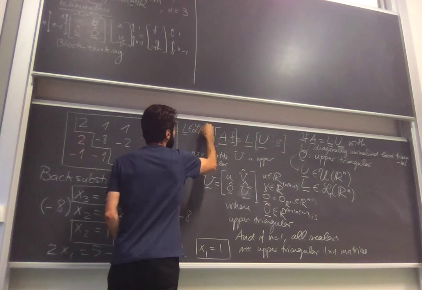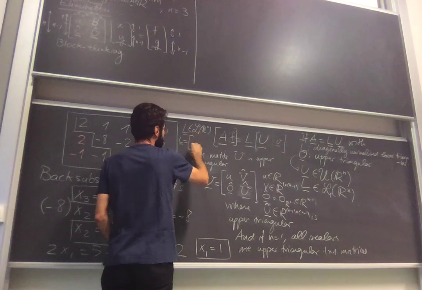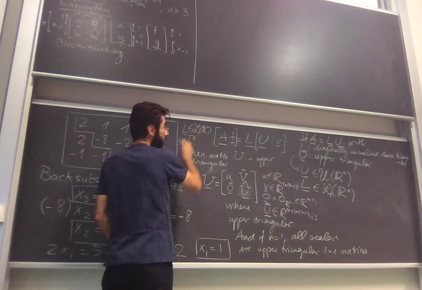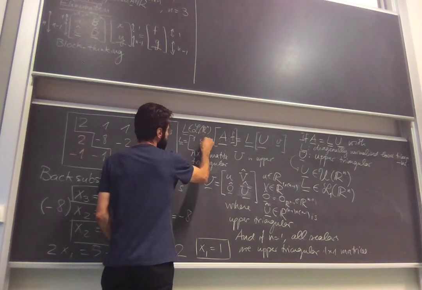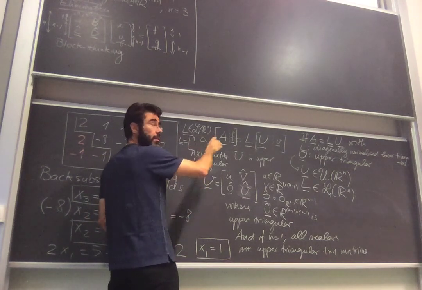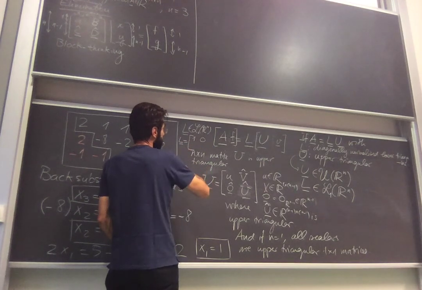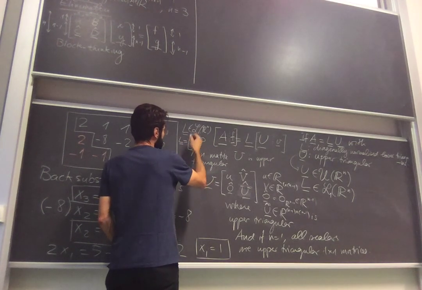N1 Rn if it can be written as follows. It can be written as a 1 here, a 0 row here of size n minus 1, some vector which I'm going to call m or l hat here, okay?